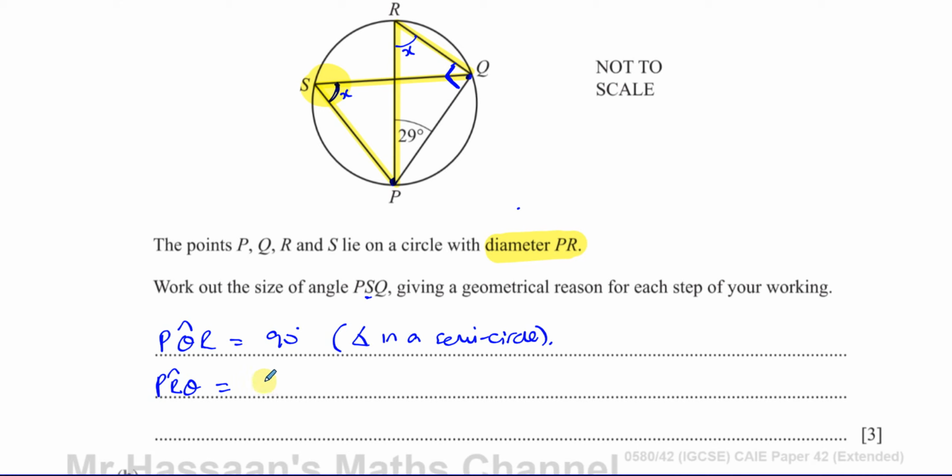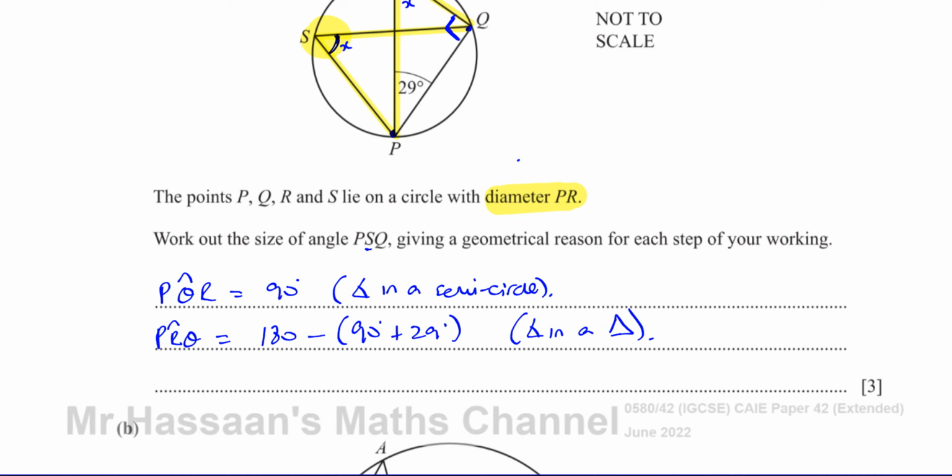PRQ, first of all, we can use the fact that these 3 angles add up to 180 degrees, so it is equal to 180 minus the sum of 90 degrees plus 29 degrees. And this is because they are angles in a triangle. The sum of angles in a triangle is 180 degrees. So we can work out what that is. In fact, I should have written down the value of that first.